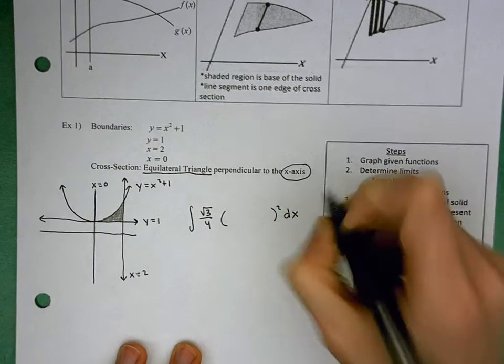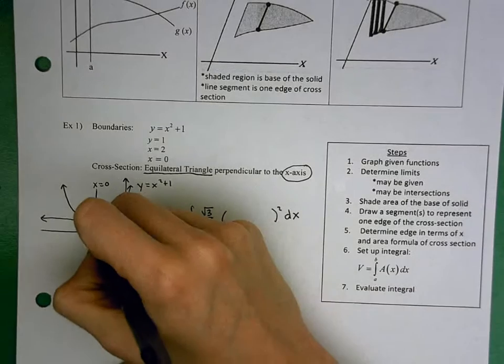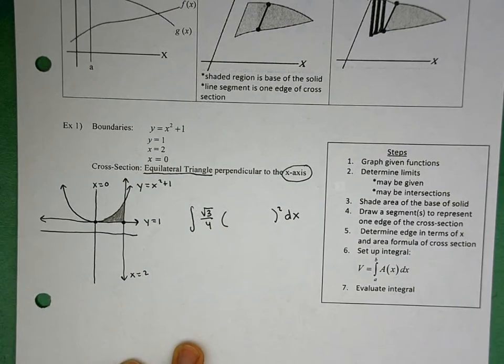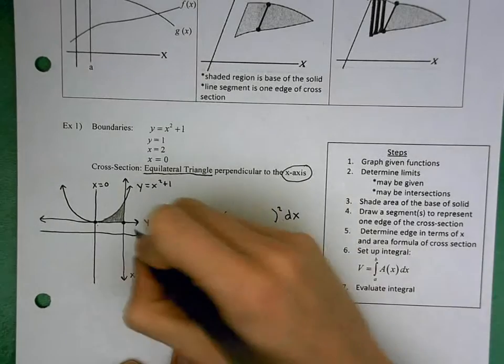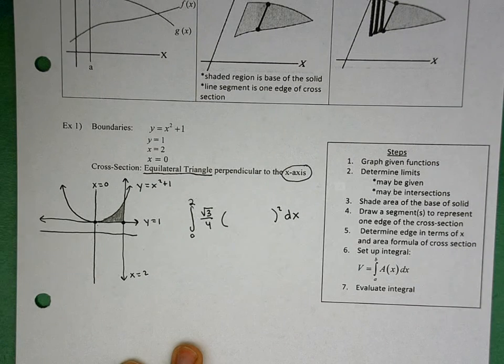And we know this is dx because they tell us we're perpendicular to the x-axis. Since we're talking x's, we look left and right for our bounds instead of up and down; up and down would be y bounds. My left bound here is 0. My right bound is 2. Leftmost x, rightmost x.